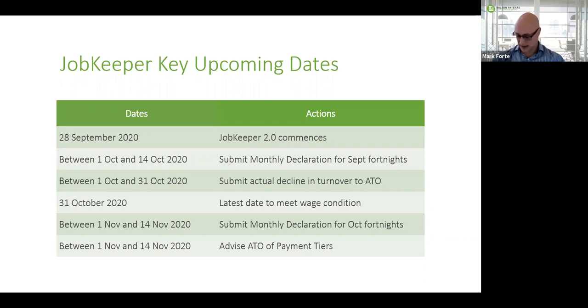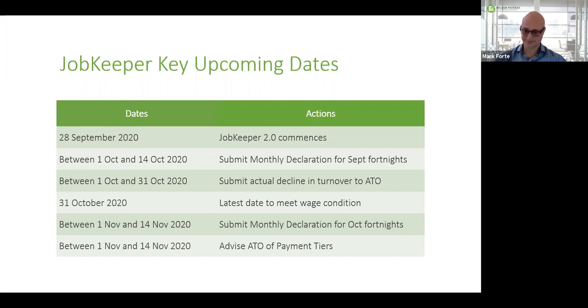You can't change your BAS reporting from accruals to cash in September 2020, then compare that to September 19 when you reported on accruals. It's got to be very consistent. So September 19, you recorded everything, you lodged your BAS on an accruals basis. Then September 2020, you must also look at the GST turnover test on an accruals basis as well.